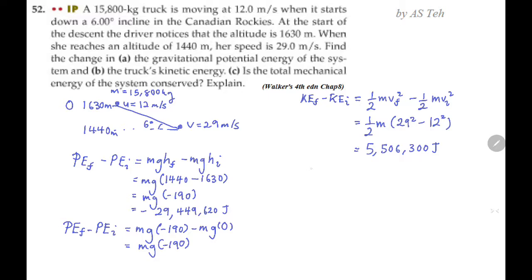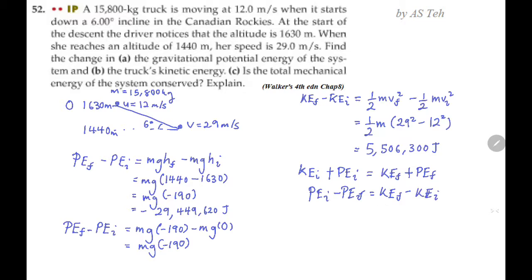I can actually go by formula as well. So let's say I'm looking at total energy before and total energy after. So total energy before equals total energy after, E final. So I actually get PE initial minus potential energy final equals kinetic energy final minus kinetic energy initial.